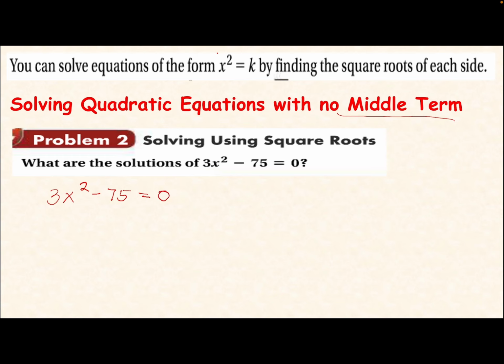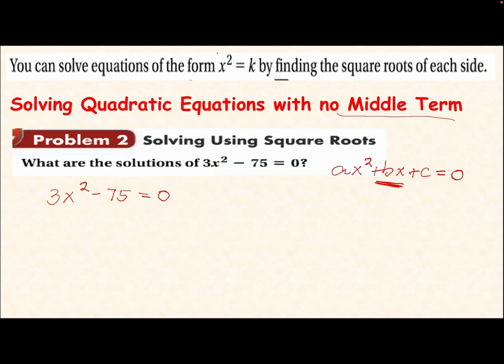If we review the standard form of a quadratic equation, we have ax squared plus bx plus c equals 0. So we do not have the middle term. And how do we find the solution of the given quadratic equation?